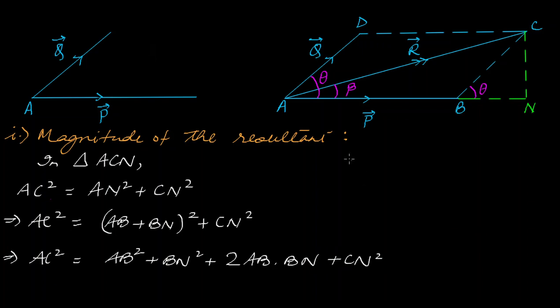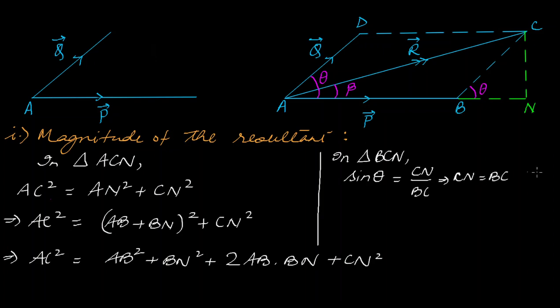Okay, and just like before, let us find in triangle BCN. In triangle BCN, what is sine theta? Sine theta is perpendicular by hypotenuse, so that will be CN by BC. So this implies CN is equal to BC sine theta. Let's call this equation 1.